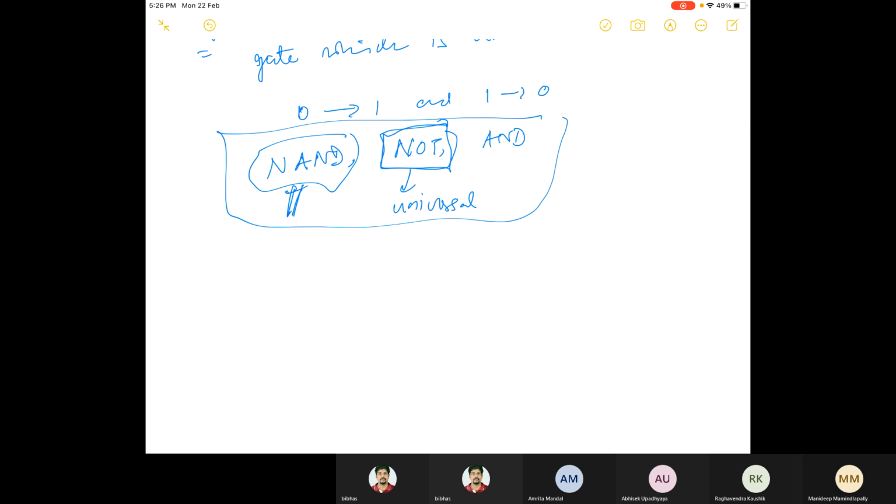Not now. I mean, there may be a way to do that. I think there is a way to do that. For example, NAND gate is universal.